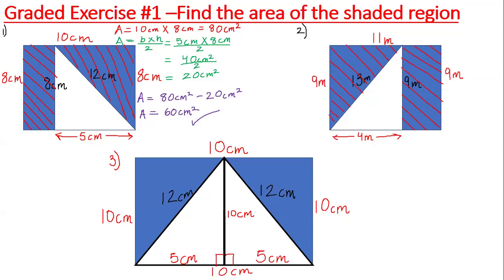How did you get the 20? I got 20 because I did 40 divided by 2. First I did 5 times 8, which gave me 40. Then I did 40 divided by 2, which is 20. That's how I got that.